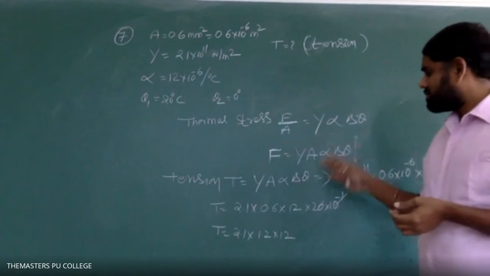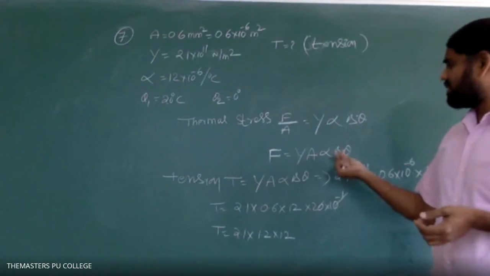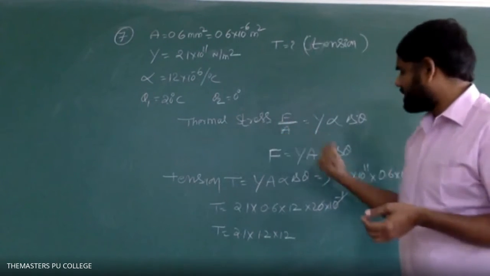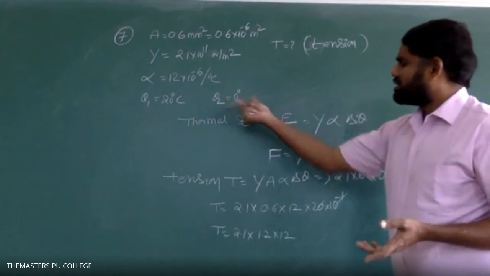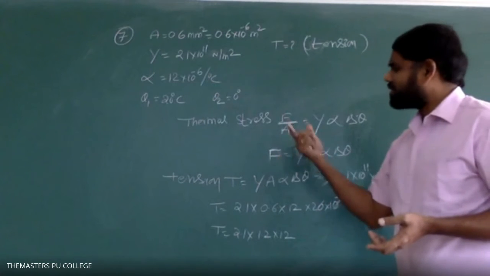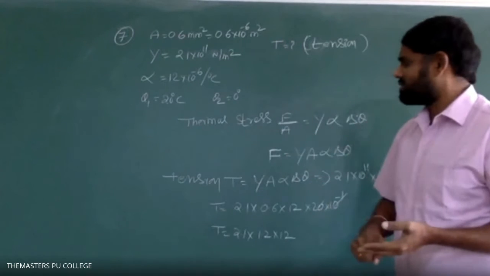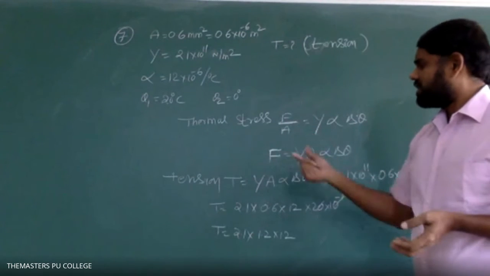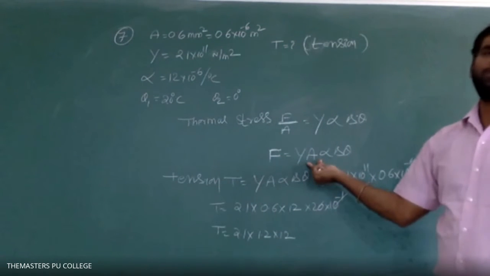Okay. So because of that, I identify that in some cases we may not bother about the sign of delta theta. Some cases it is required. So here the magnitude of the force is compressive. It is clear to everyone that when the temperature decreases, it is a compressive force. What is the magnitude of the compressive force? That can be identified by this formula.